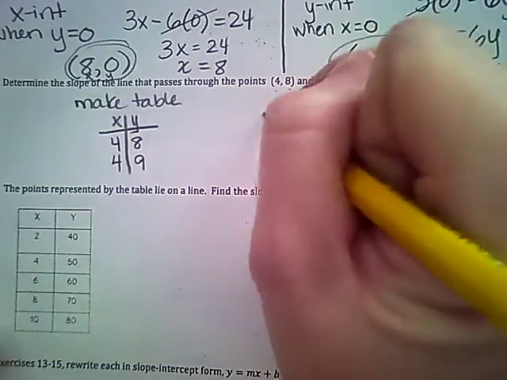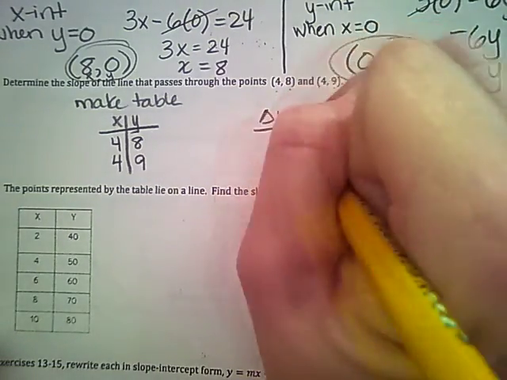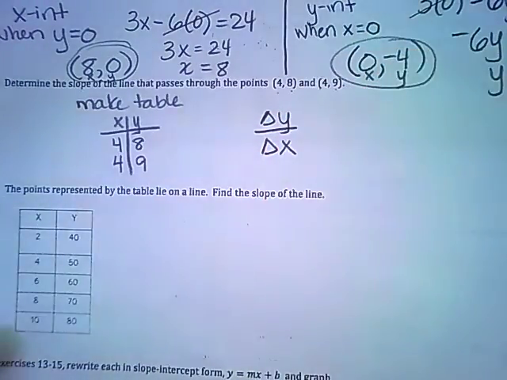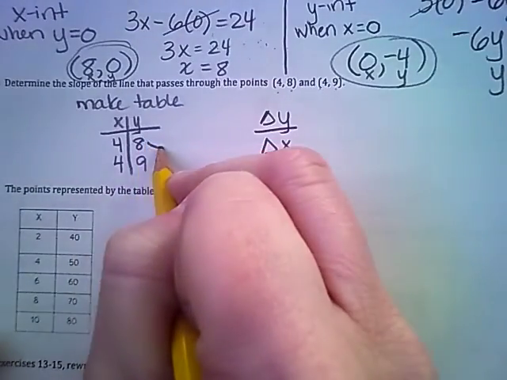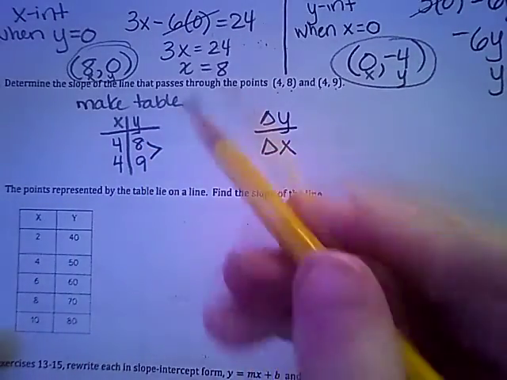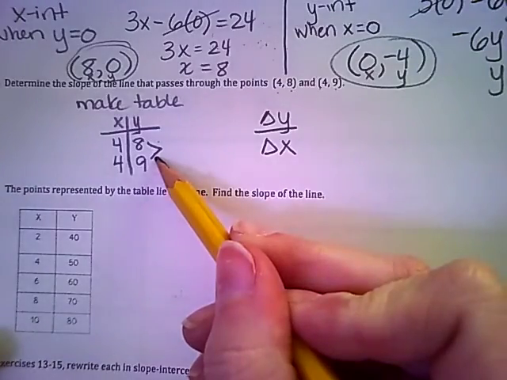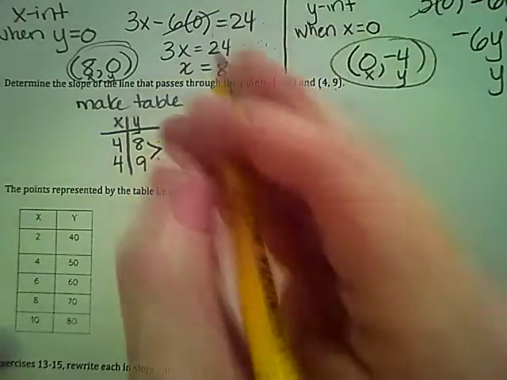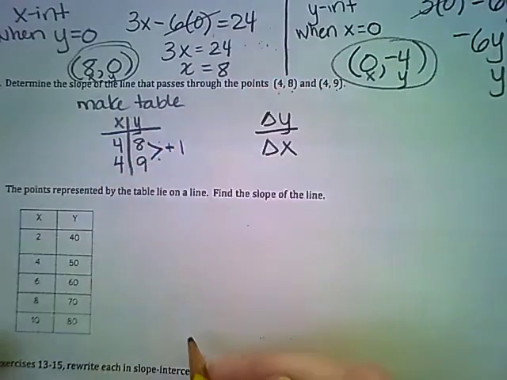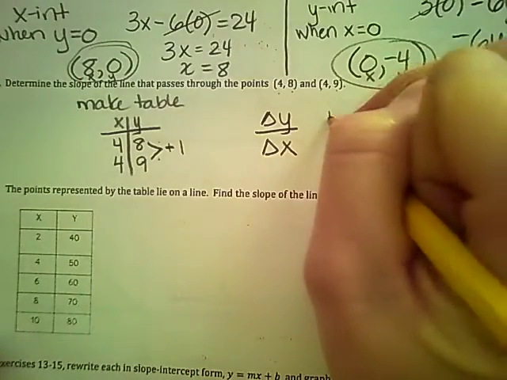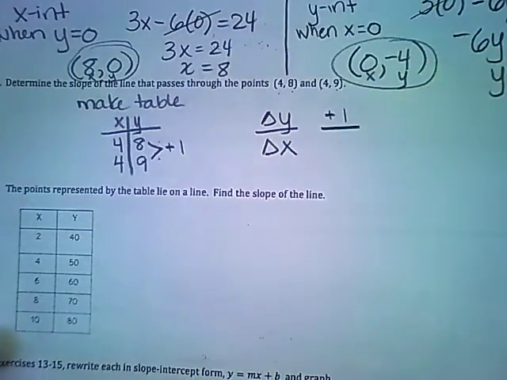To find slope, you want to do change in y over change in x. So what's my change in y values? How do I go from an 8 to a 9? I add 1. So my change in y is up 1.